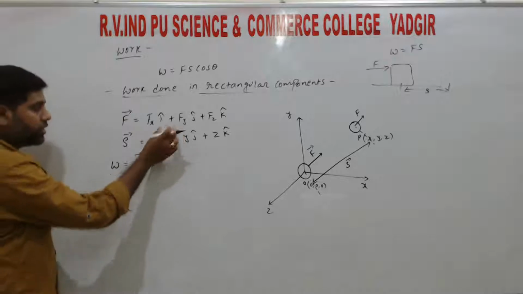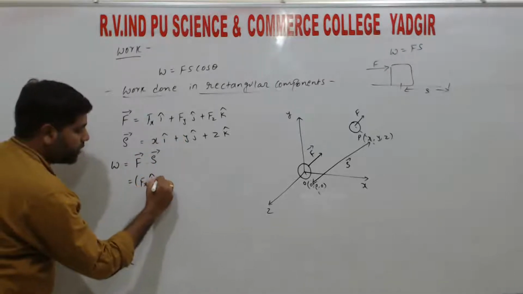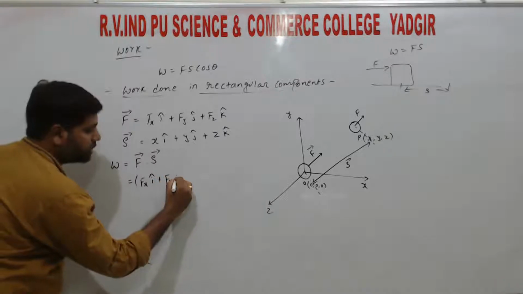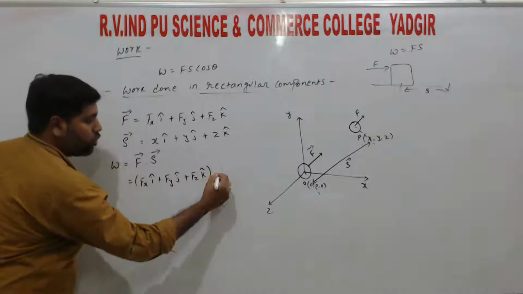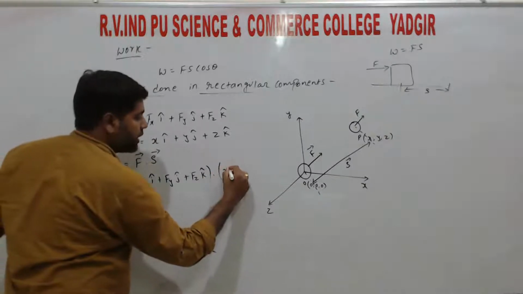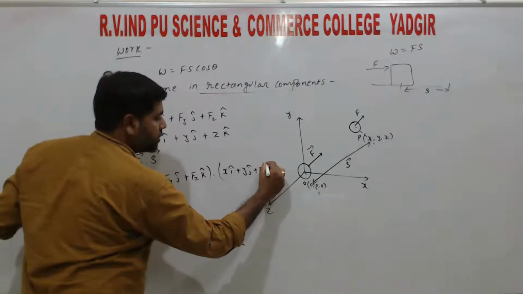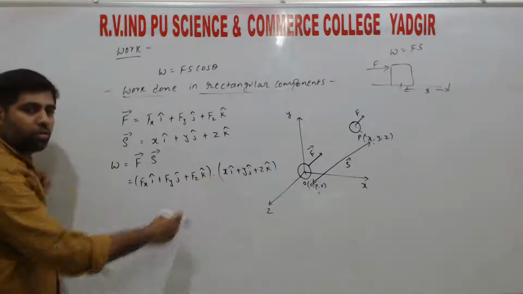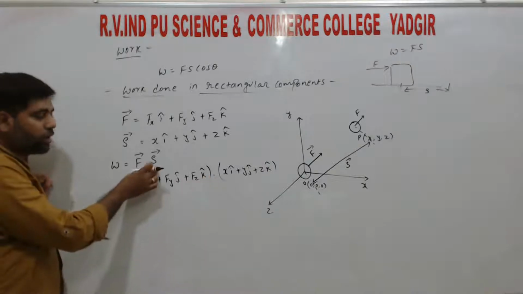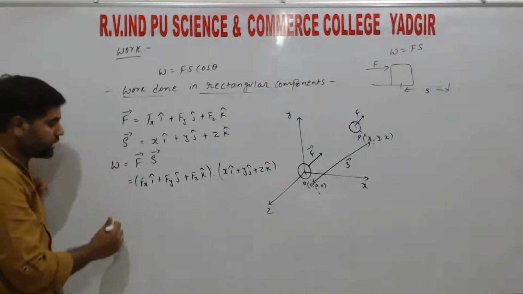Substituting the values of F and S: Fx i cap plus Fy j cap plus Fz k cap dot x i cap plus y j cap plus z k cap. By applying the rules of the dot product, when we multiply, finally we get the work done as a scalar.